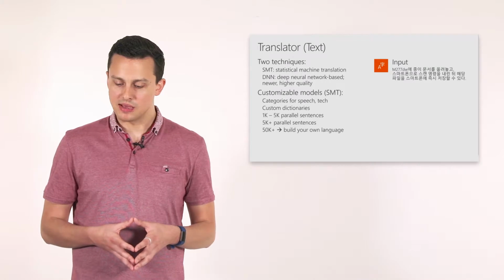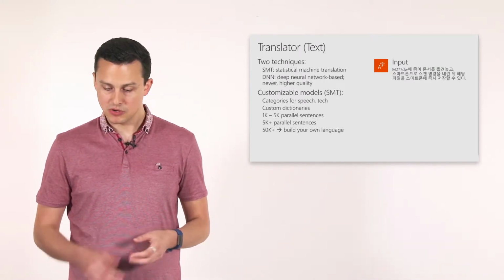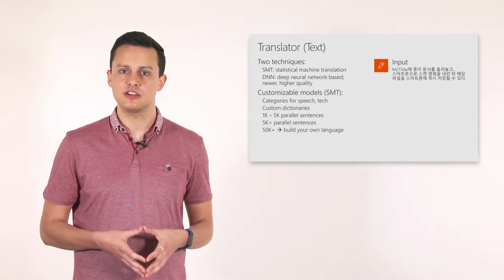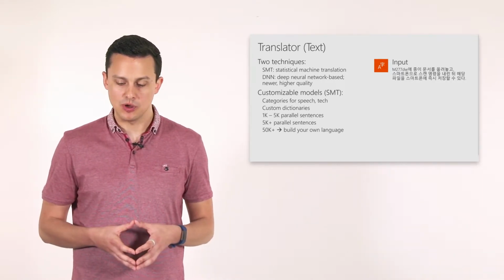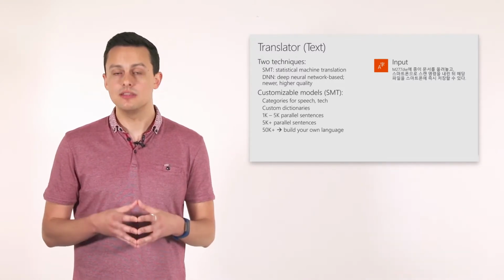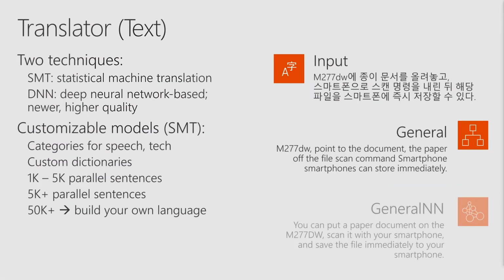I've got an example here of a Korean message about a piece of equipment. And I'm going to run it through both a statistical machine translation model and a deep neural network. And both of these models are currently in production in the Translator API. So you can replicate this yourself. You'll see the general or the statistical machine translation based model is barely comprehensible, as opposed to the neural network based model, which is much cleaner.